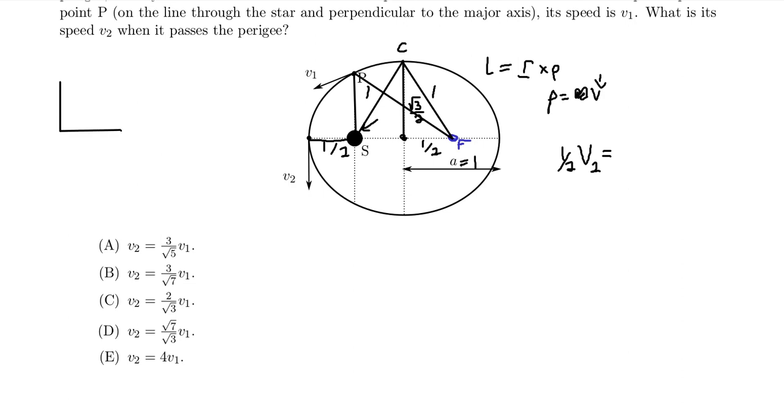Here I'm going to redraw this. This is P, this is S, and this is F. We know that the length from S to F is 1 because it's 1/2 plus 1/2. Here I'm going to denote the length PS by X, and this is 2 minus X because, like I said, these two lengths have to add up to 2.